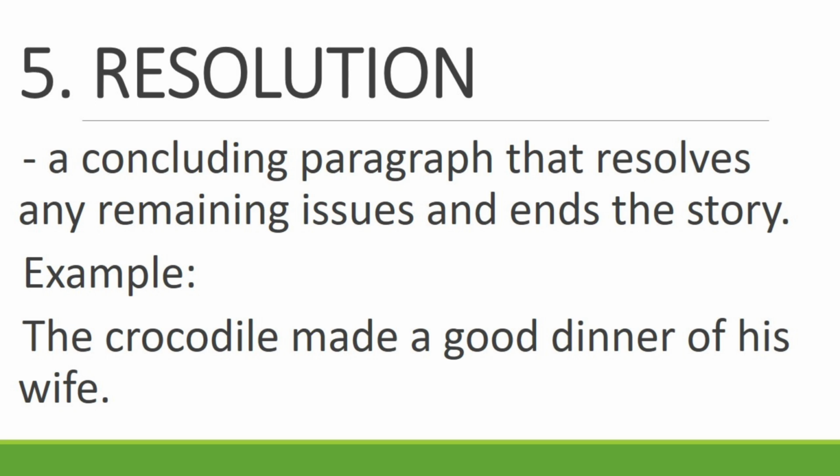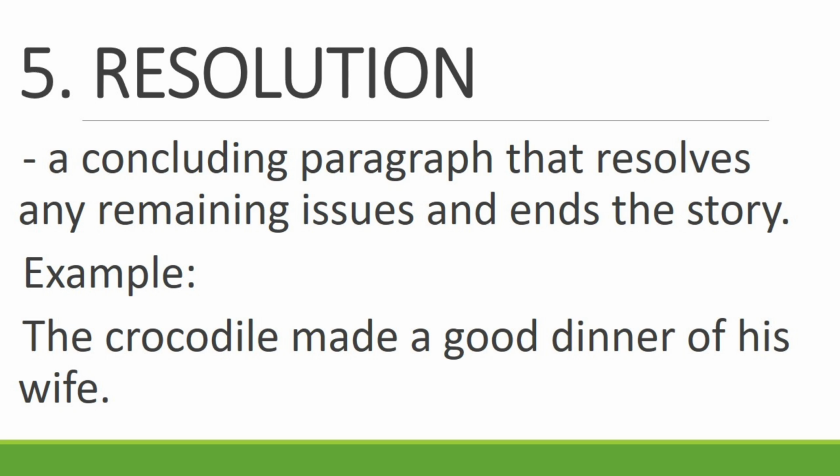his own wife. And going back to the exposition, we have mentioned there that the main conflict of the story is that the crocodile is greedy. Therefore, he actually asked for a good dinner, but not for a good wife.